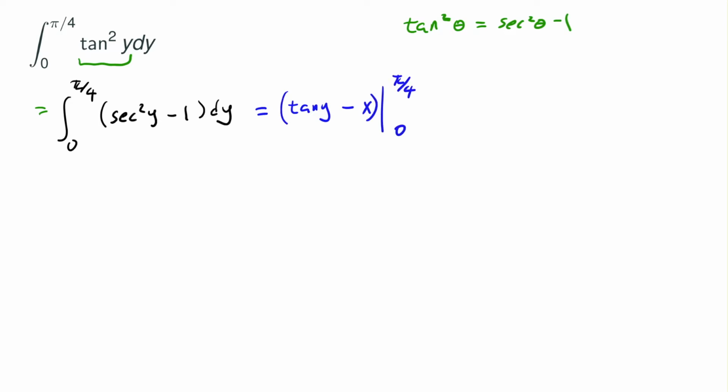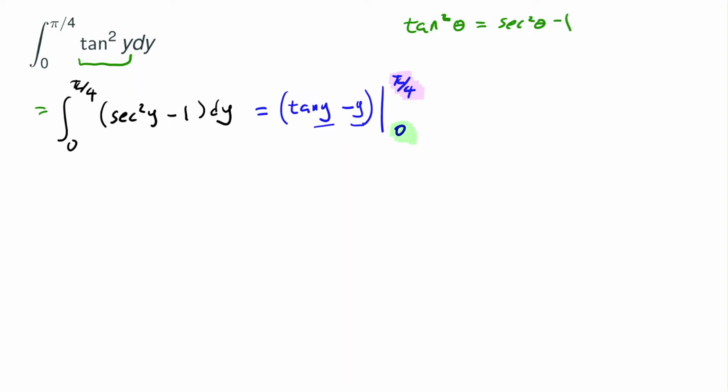Right? Oops, sorry, I meant to write y there. We're working with variable y. So first we plug pi over 4 into both of these variables, and then we plug 0 into both of the variables, right?